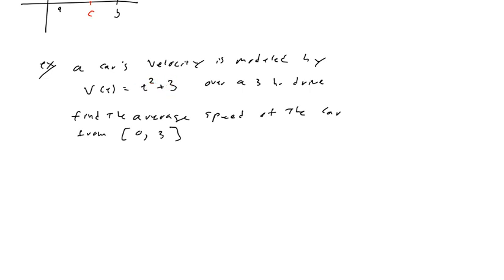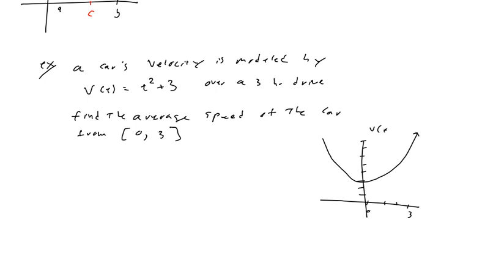If we look at a graph of this equation, from 0, 1, 2, 3, it's going to look something like this. I'm a little off here, I'm sure, but this is approximately what v of t looks like.